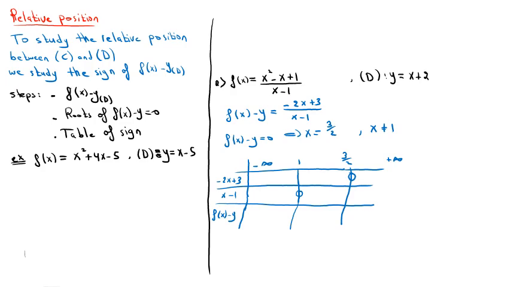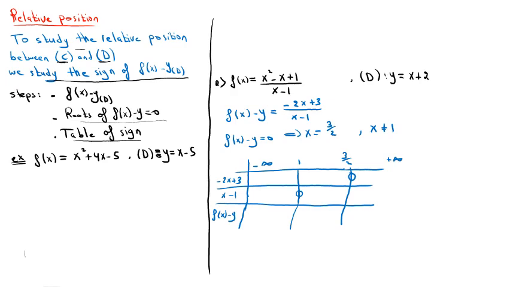In order to study the relative position between C and D, the curve and the line, we should study the sign of f of x minus y. The steps are: first we calculate f of x minus y, then we find the roots of f of x minus y equal to 0, and we make a table of sign to see where it is positive and where it is negative.